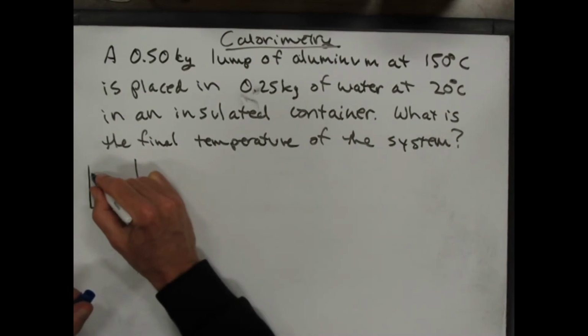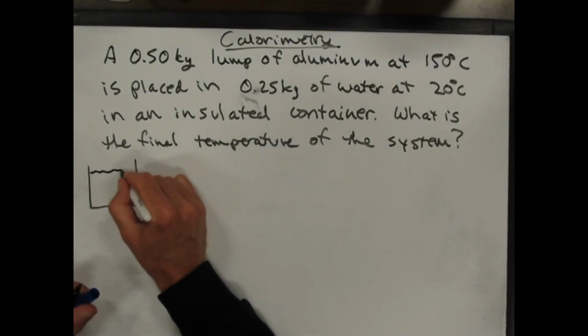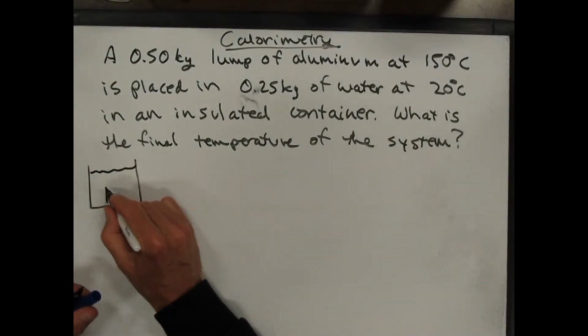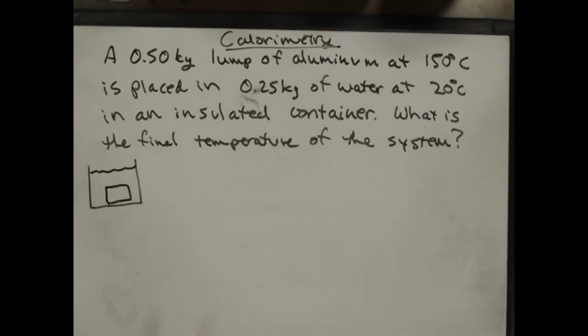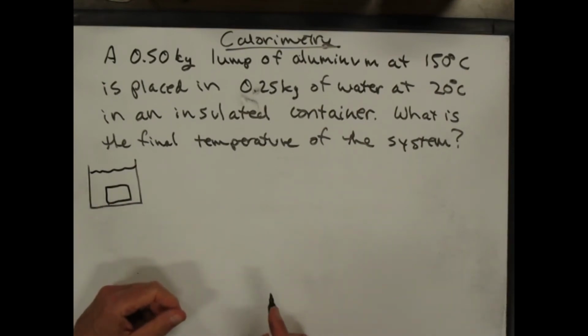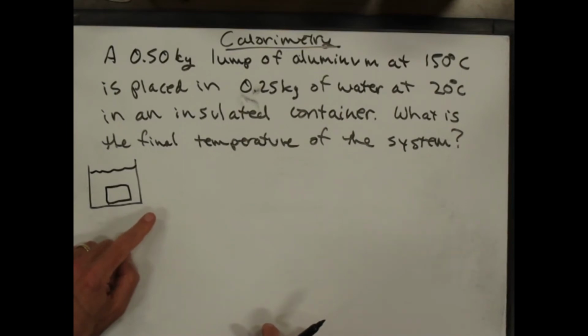Here's my water, and then I have a little piece of aluminum in there that weighs half a kilogram, right? Aluminum is denser than water, so it can be a little more massive, even though it's smaller in size.